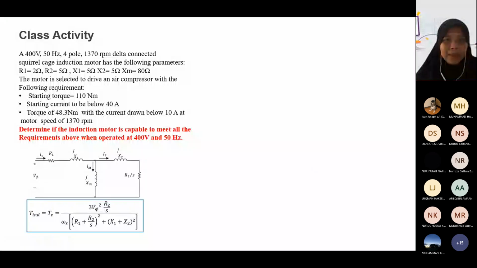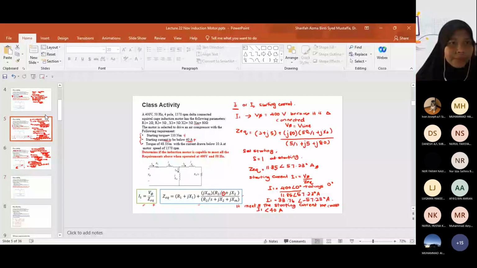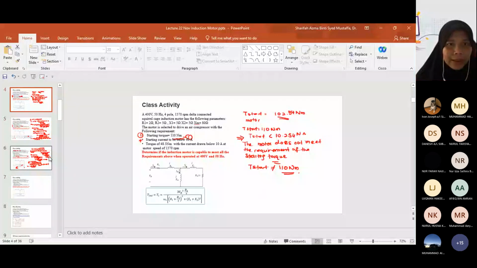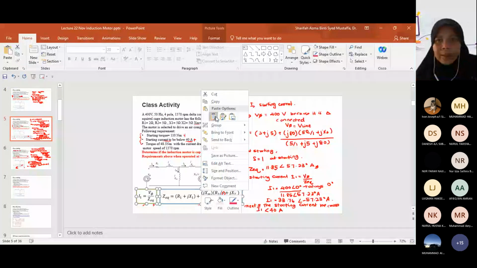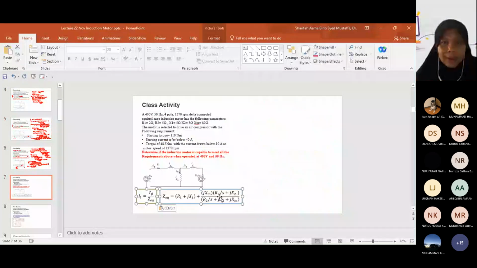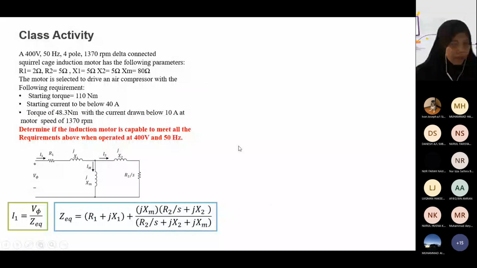Sekejap saya ambil formula daripada sini. V phase over Z equivalent. Mana formula dia tadi? Saya cari sekejap. This formula. Saya copy. Senang nak rujuk kalau ada. Okay, this is the formula tadi. Okay, the same formula that we have used before.